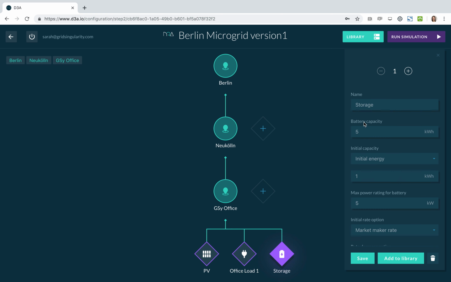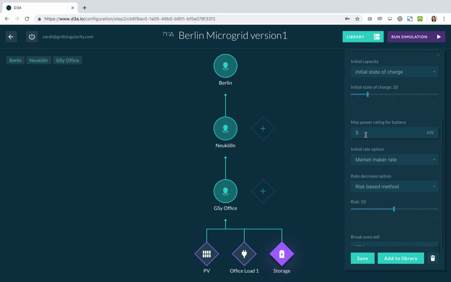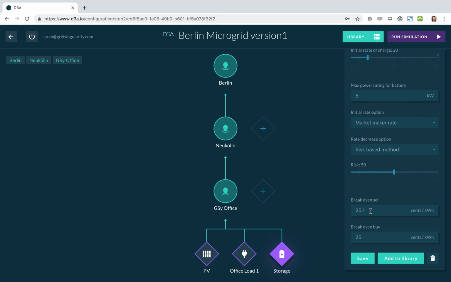You can also add an energy storage. And so for the storage, we have the total capacity of the battery, and then you can configure the initial capacity or the initial state of charge. So the initial state of charge is 10, we could change it to 20, and then what's the maximum power rating for the battery, and then how will it sell its energy, what is its strategy here. And so for here, there's also a link to this on the wiki.